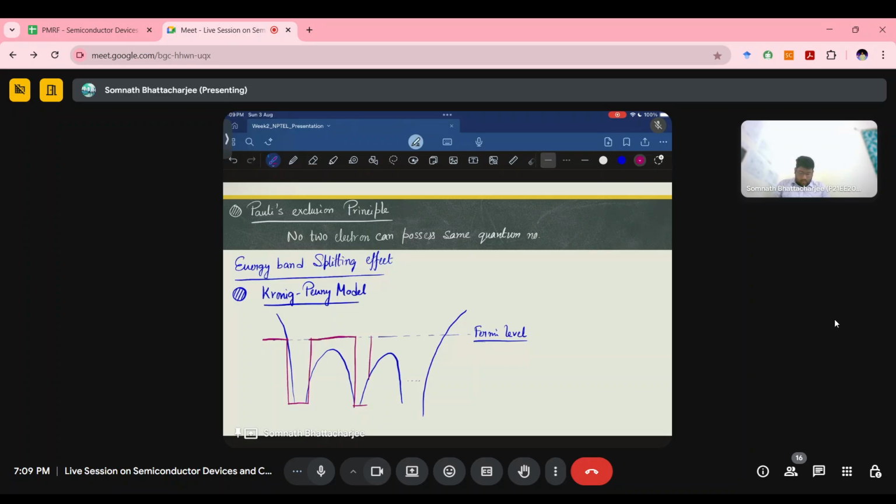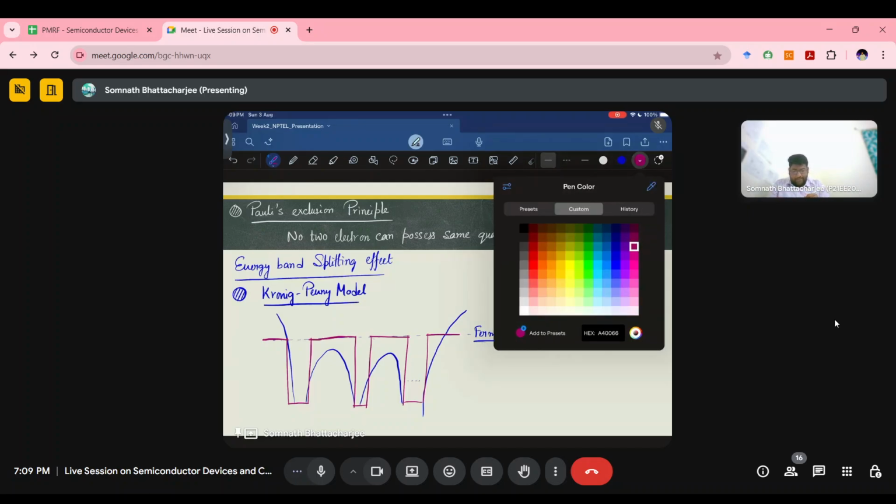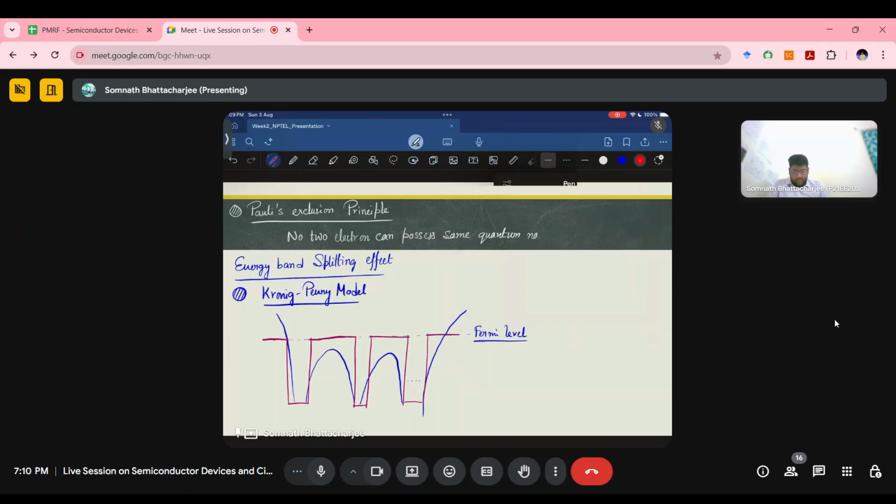So this well kind of structure is very periodic in nature. This would look something like this. And afterwards, what we can consider is that the wall is nothing but a structure like this.